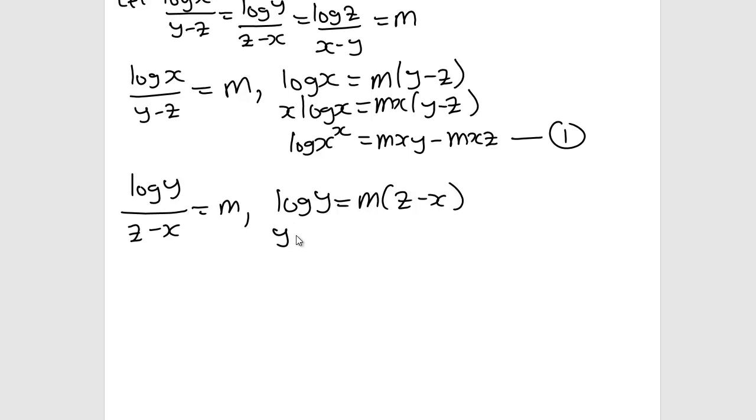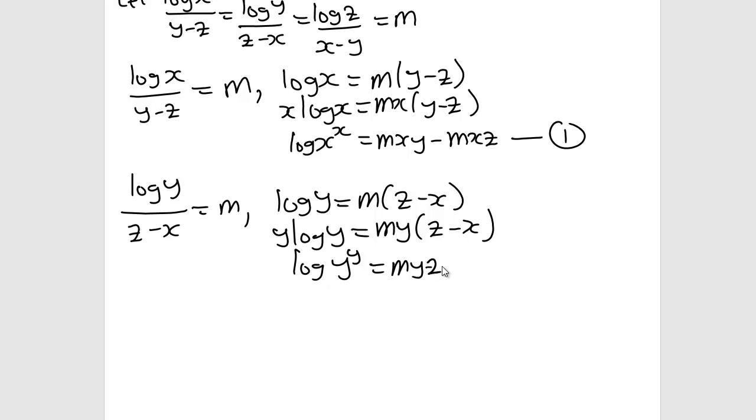So y into log of y equals m y into z minus x. Then using the same property, we have log of y to the power y equal to, then we expand this one, myz minus mxy. So let's call this equation 2.